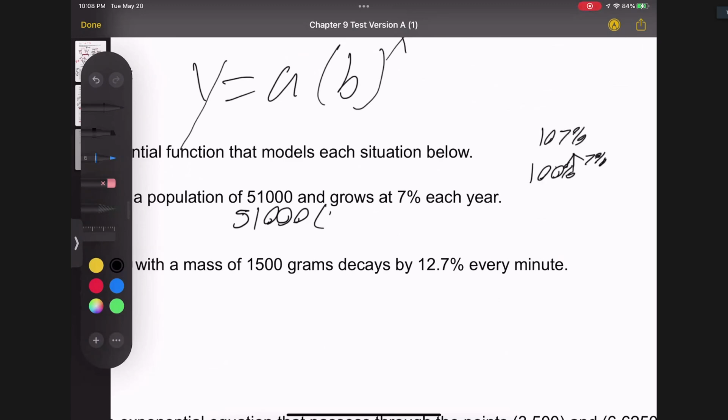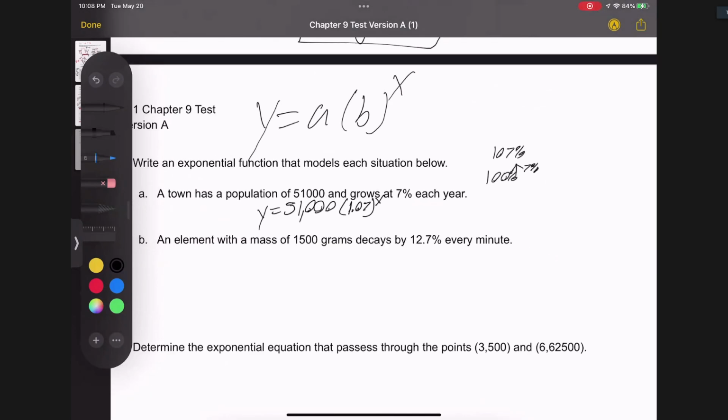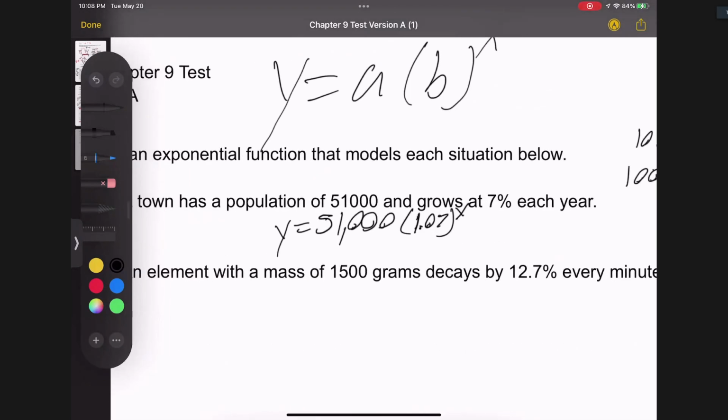How do I write down 107%? It's going to be 1.07 for that multiplier. That's going to be your b value. And you're going to have y is equal to 51,000 times 1.07 to the power of x. That's straightforward. That is your equation for this problem.